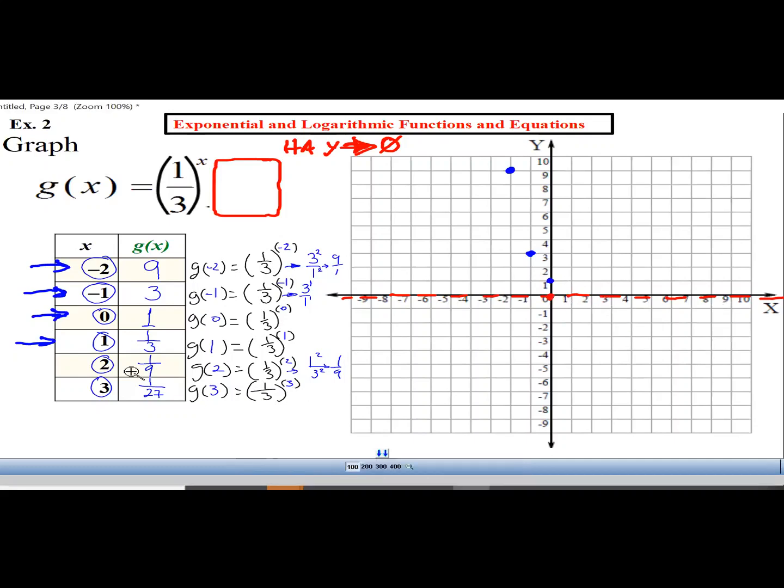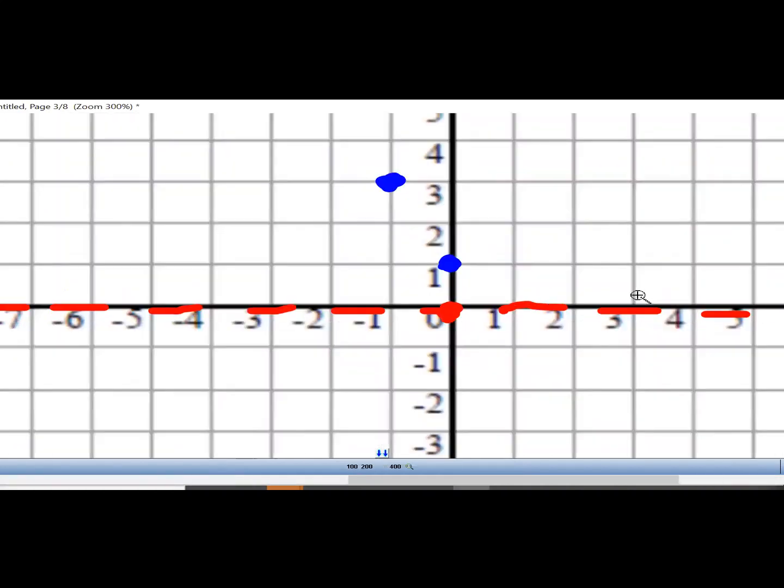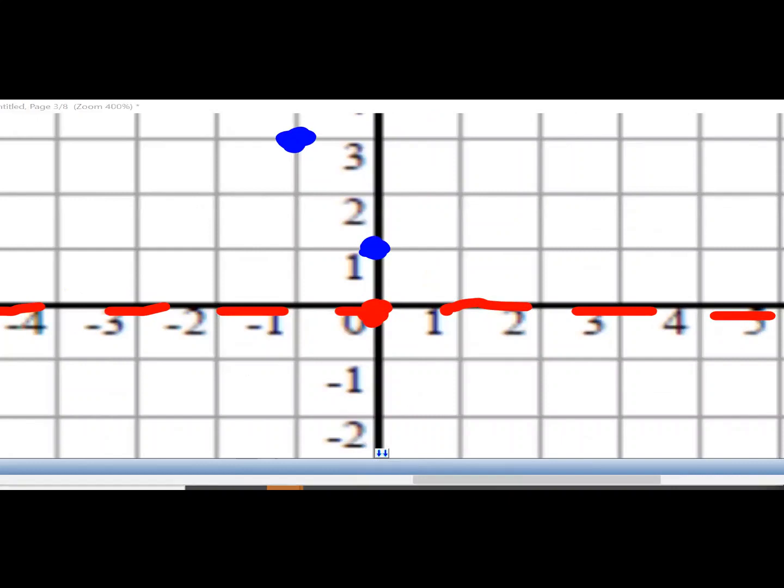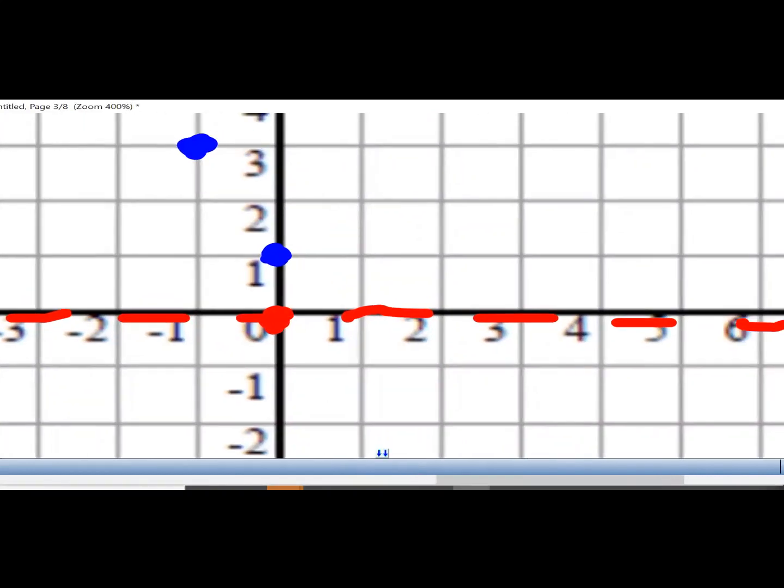We got 1, 1/3; 2, 1/9; and 3, 1/27. 1/3, 2/3, 3/3. 2, 1/9, very close to the asymptote. 3, 1/27, very, very close to the asymptote. And so on and so forth. It keeps getting closer and closer.